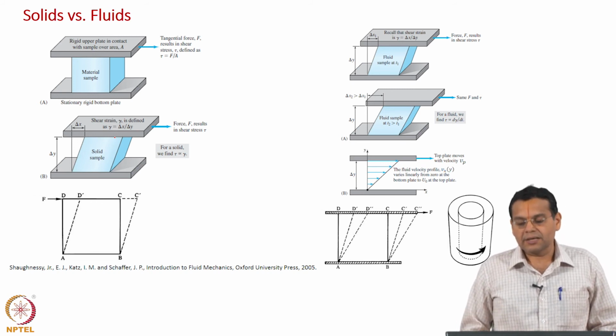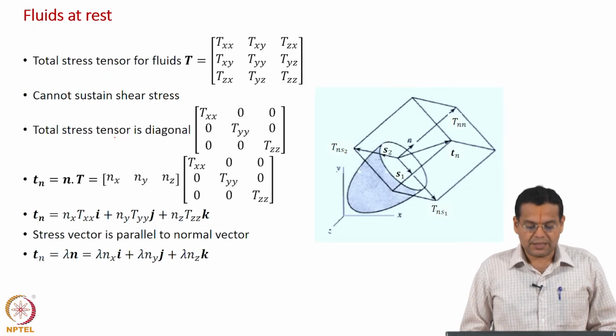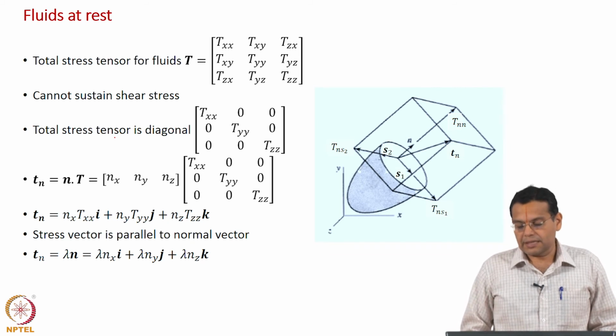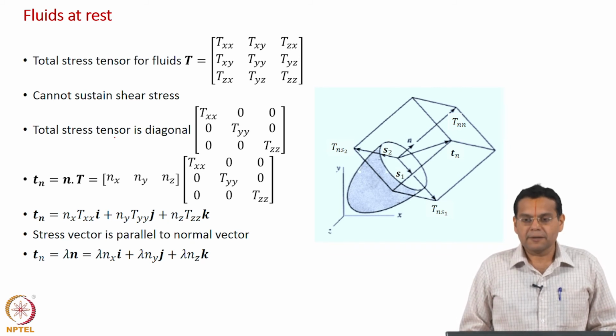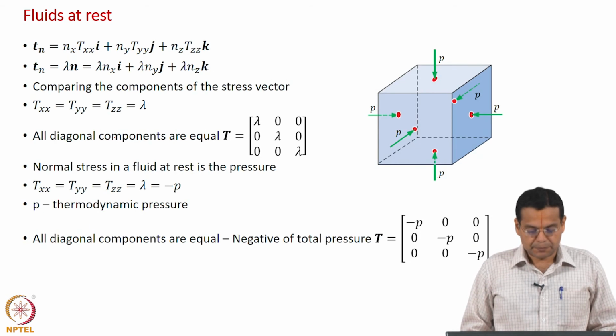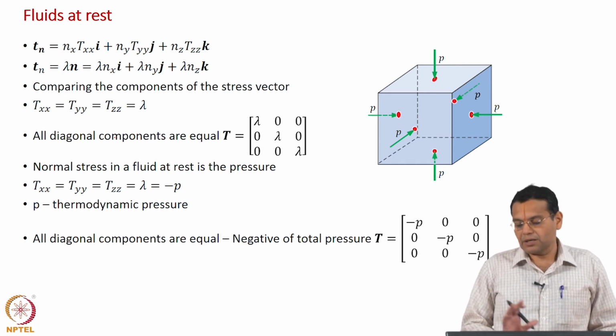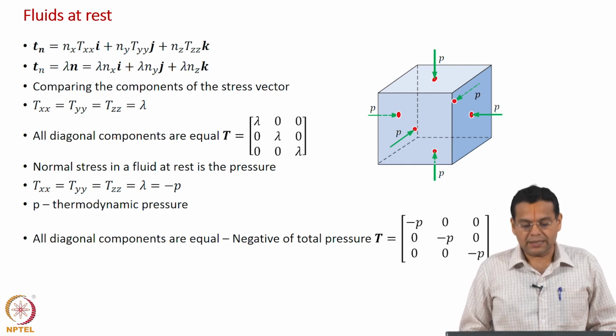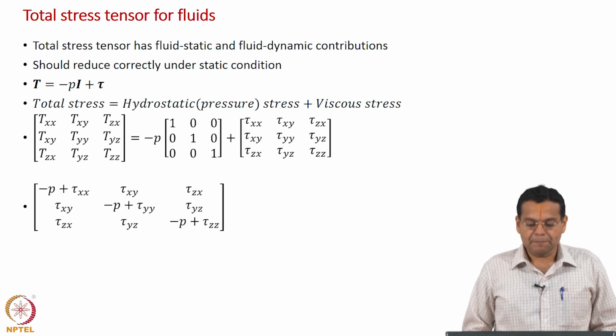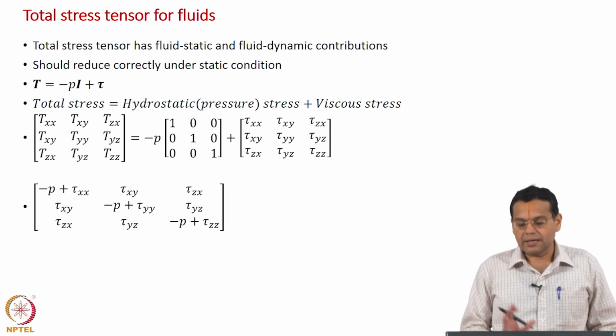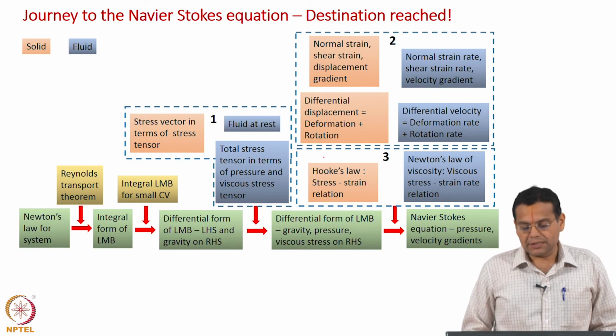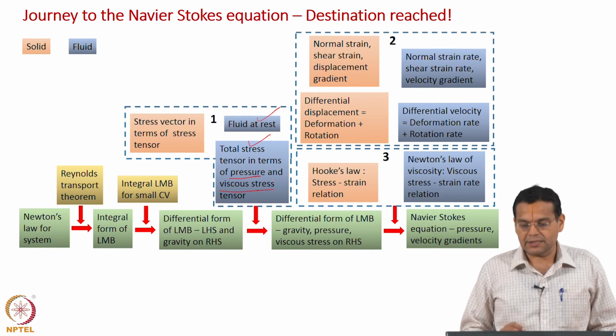We said a fluid under rest cannot sustain shear stress. Based on that, we discussed the stress in a fluid under static condition, which is normal stress, which is pressure, the thermodynamic pressure, and it is compressive, hence minus P. So, we got the components of the total stress tensor under hydrostatic condition. So, we express total stress in terms of hydrostatic stress and a viscous stress. That is what we discussed here, fluid at rest, total stress tensor in terms of pressure and viscous stress tensor.